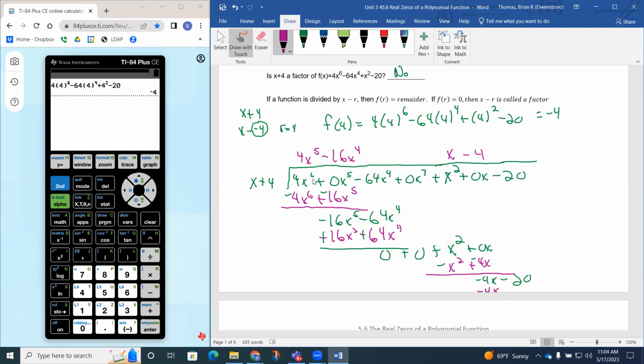And then negative 4 times 4 would be a positive 16, or negative 16, I'm sorry. But then we change the signs and add. That becomes a positive. That becomes a positive.